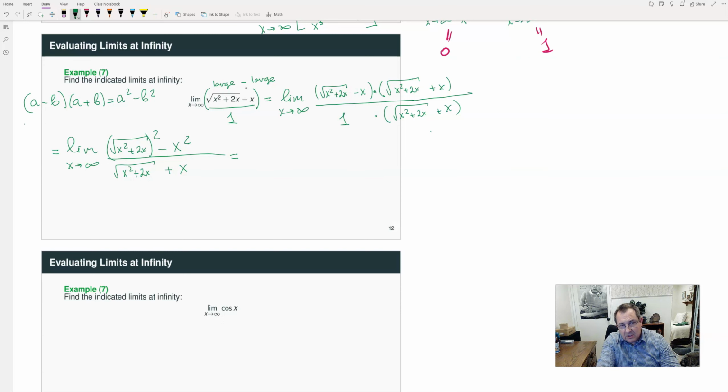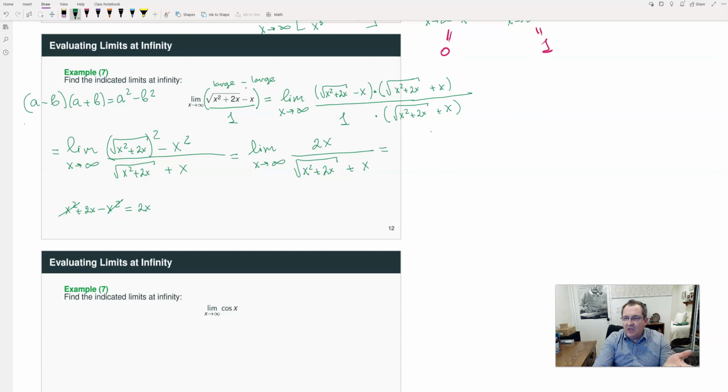In particular, the square and the square root cancel out, and we will have x squared plus 2x minus x squared. And then x squared cancels out, and we'll just have 2x. So let me write it over here. It's going to be limit as x goes to infinity of 2x in the numerator. And in the denominator, we'll have square root of x squared plus 2x, everything plus x.